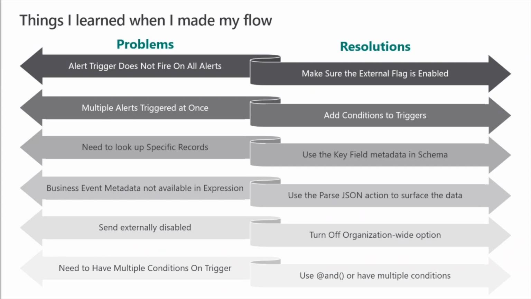And one other item that we can point out is that sometimes we want to have a more complicated trigger condition. So what we can do is have multiple conditions in the settings for the trigger, and that allows us to only fire when very precise events are happening.